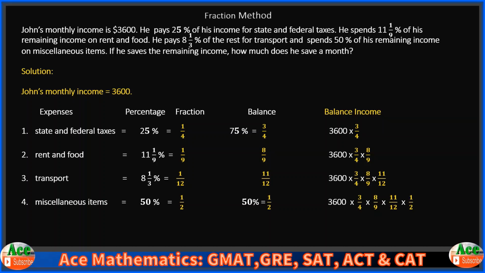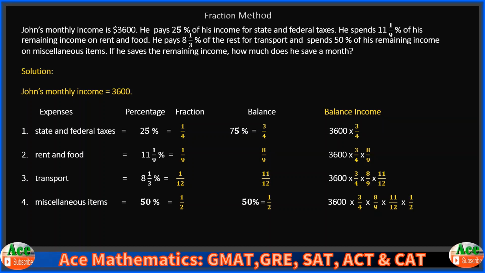4. Miscellaneous items equals 50%, or half. After spending 50%, or half of the rest of the income on miscellaneous items, John has 50% or half of the rest.